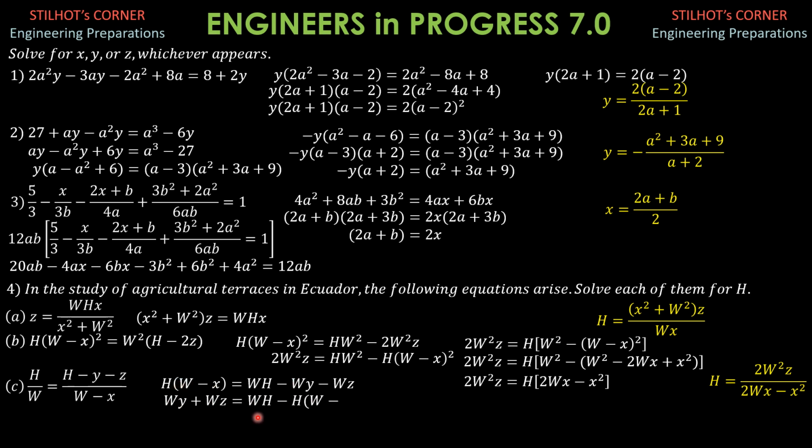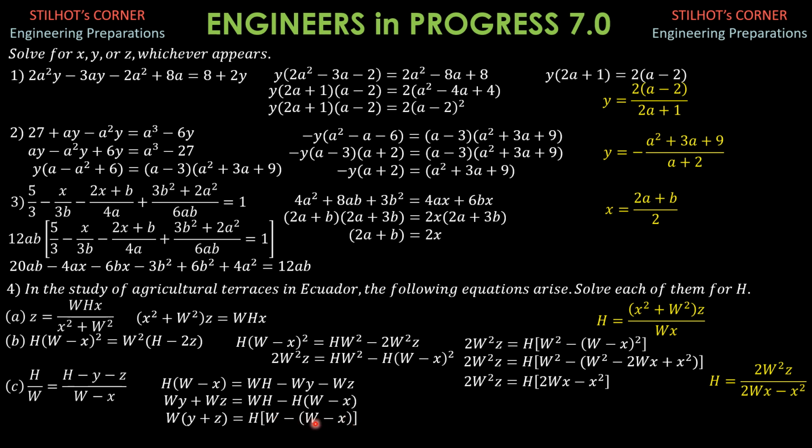So WY plus WZ equals WH minus H times quantity W minus X. Factor out W, so this is W quantity Y plus Z. Factor out big H from the right side, so it is big H quantity W minus quantity W minus X.